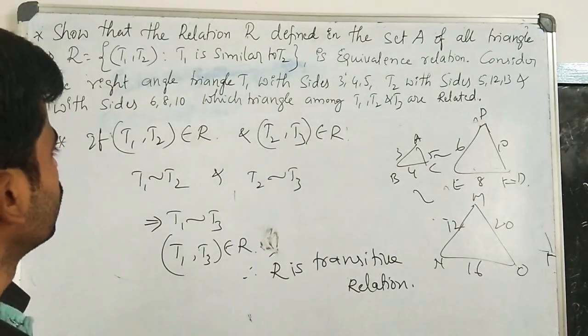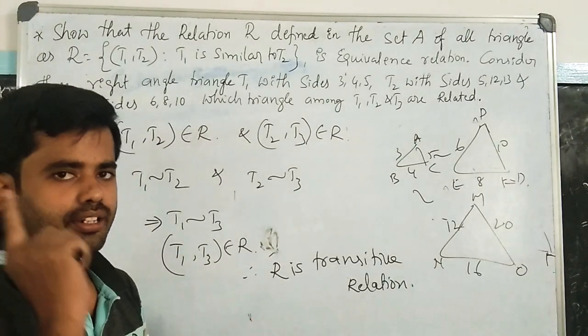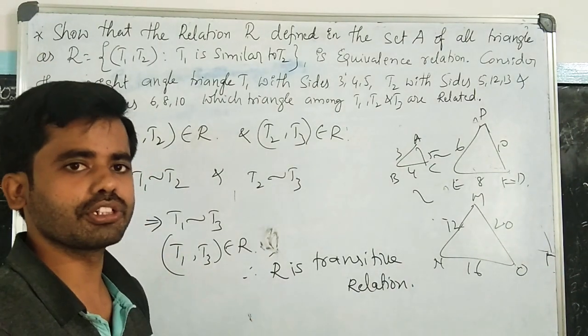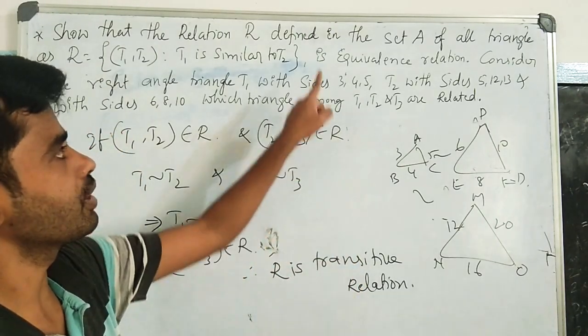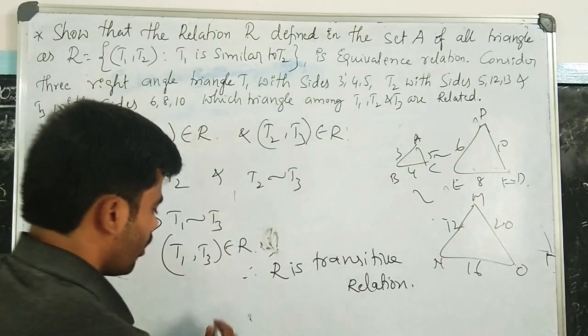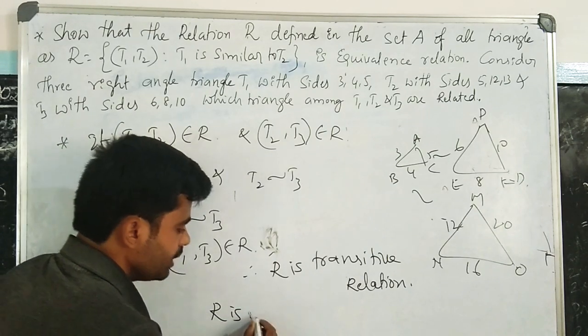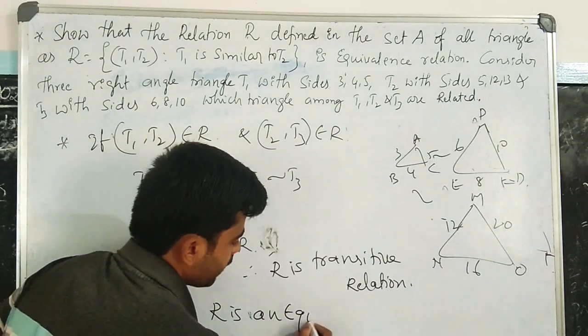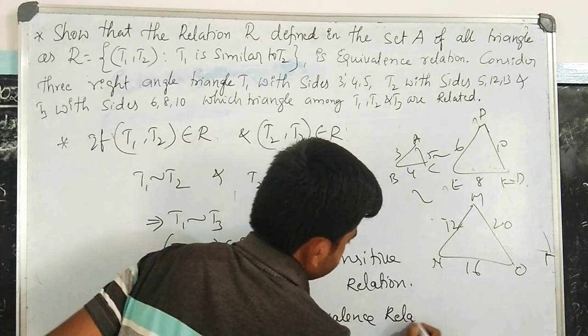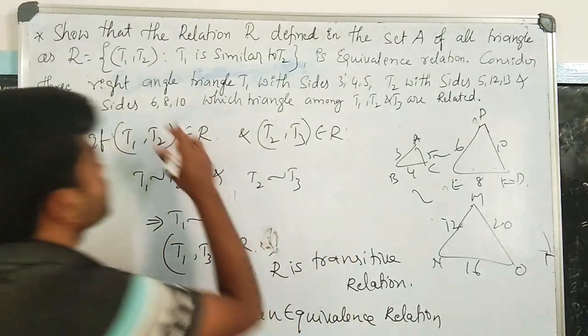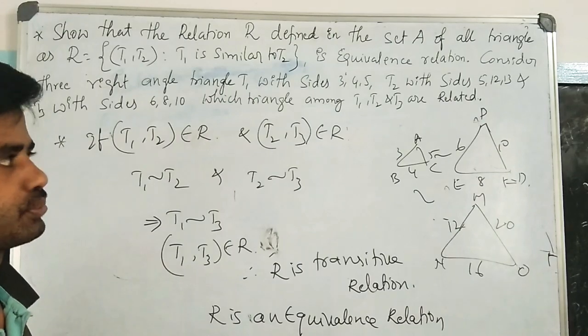Now the relation is reflexive, symmetric, and transitive. That relation is satisfying all three properties. Then what conclusion can we give? Hence R is an equivalence relation because it is satisfying the three properties.